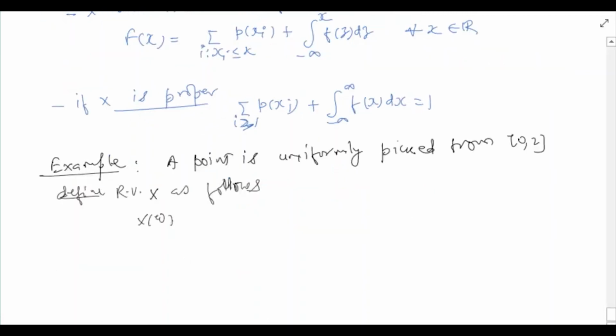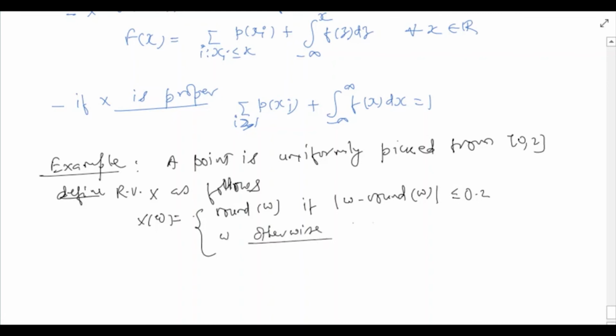X of small omega is equal to round of omega if the modulus of omega minus round of omega is less than or equal to 0.2, and it is omega otherwise.